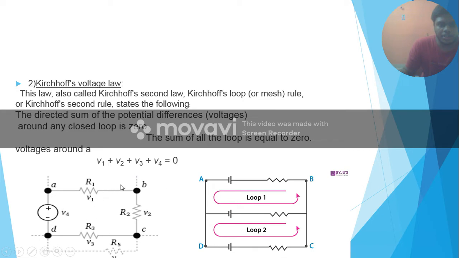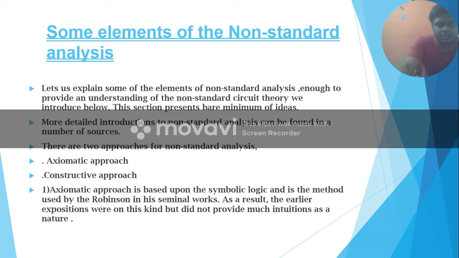Another definition is that the sum of the voltage rises is equal to the sum of the voltage drops. So these are some of the introduction to Kirchhoff's laws, as we studied in the previous lower classes.